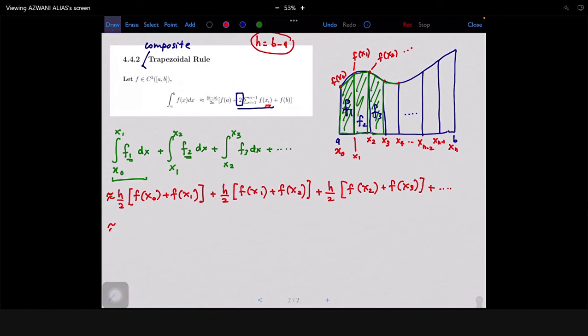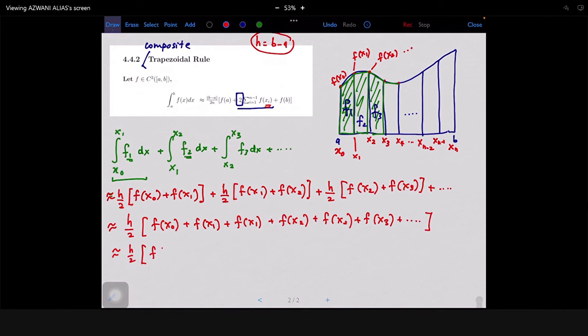Okay, so next, kita boleh simplify x0, fx1, fx1, so that's why wujudnya the first point is a single plus 2 f x1 plus 2 f x2 plus f3 fx3.